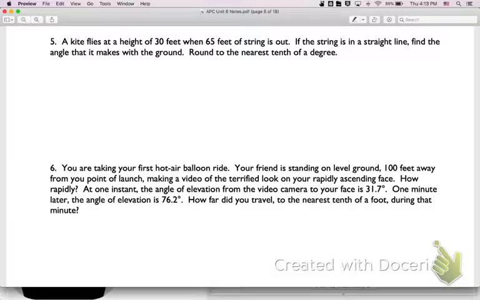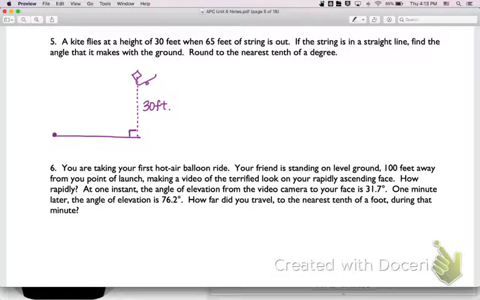So here's what we've got. We are standing, let's say right here, and our kite is somewhere over here, okay? So the kite has a vertical drop straight down to the ground. That's going to be perpendicular to the ground. The ground, we don't know what it is, but they told us the height was 30 feet.